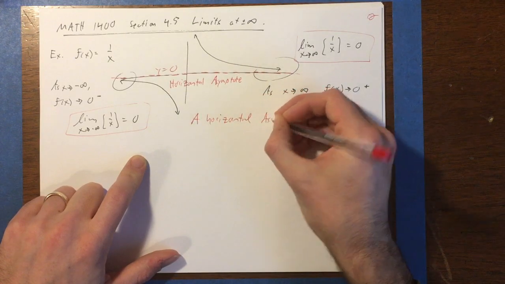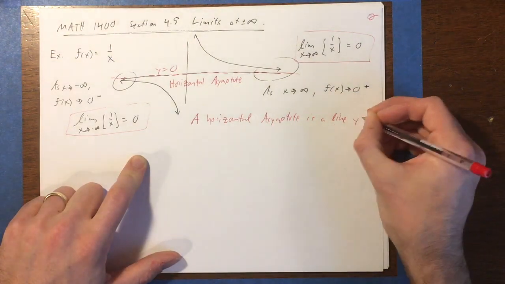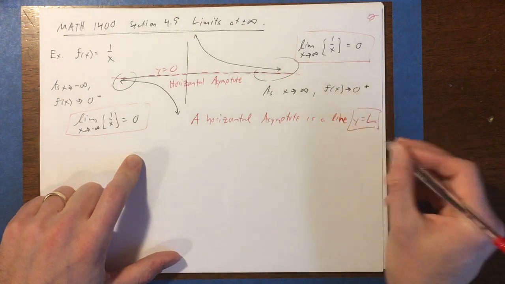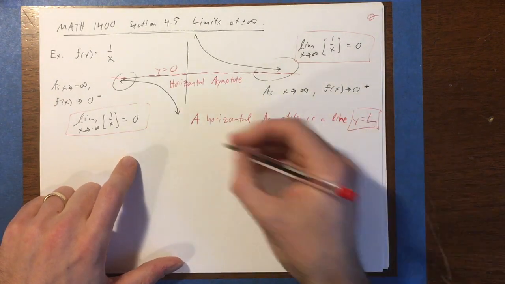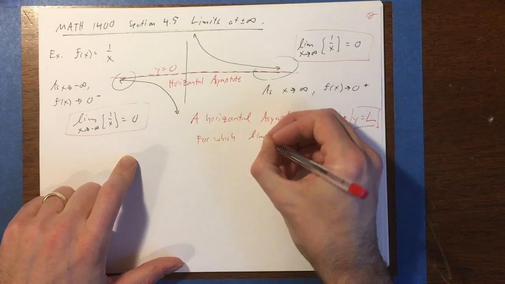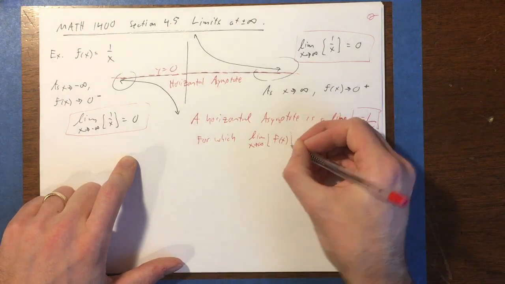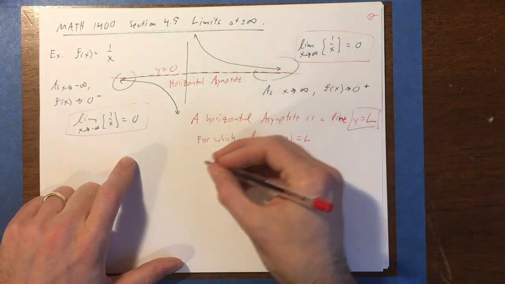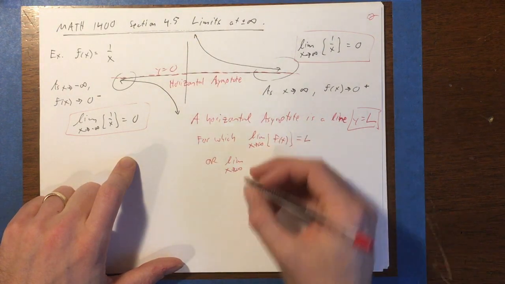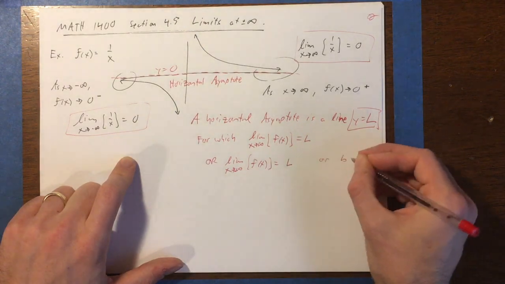A horizontal asymptote is a line y equals L, a line with equation y equals L, that's a horizontal line, where L is a constant, for which the limit as x approaches infinity of the function f of x that you're dealing with equals L, or the limit as x approaches negative infinity of the function you're dealing with equals L, or both.